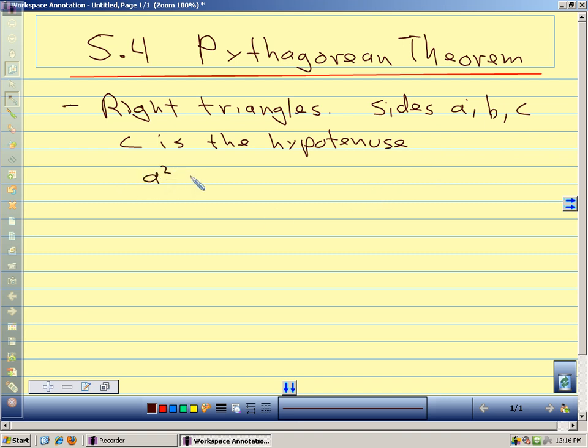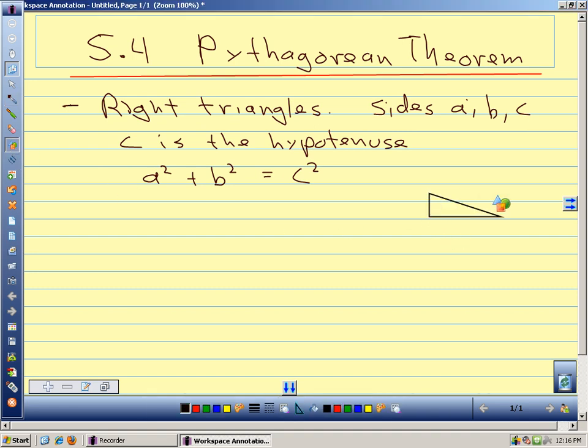The Pythagorean theorem tells us that a squared plus b squared equals c squared. And let's draw a triangle here so we can label it. There we go. Here's our right angle.